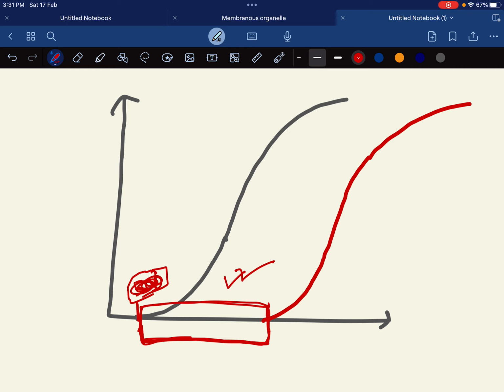Now I have a question for you. Which one is safer in prescribing a drug, depending on therapeutic index or depending on therapeutic window?